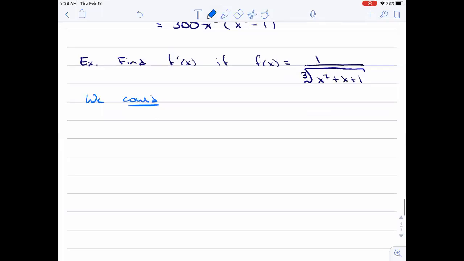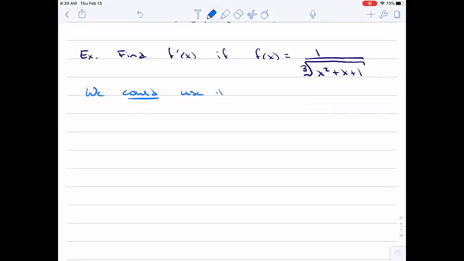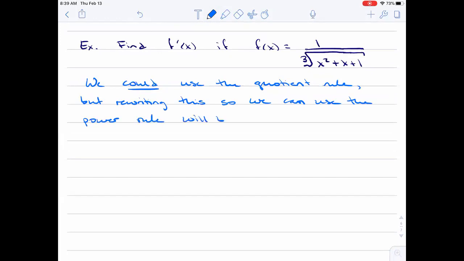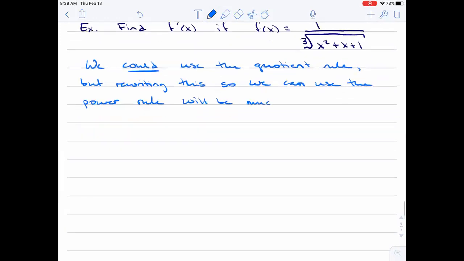We could use the quotient rule, but rewriting this so we can use the power rule will be much easier.